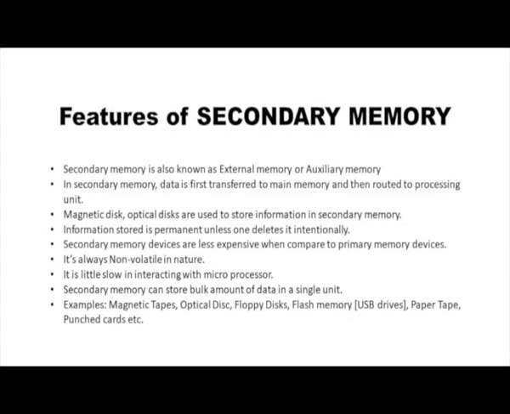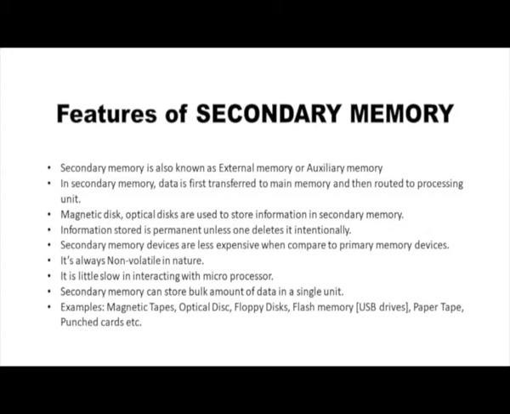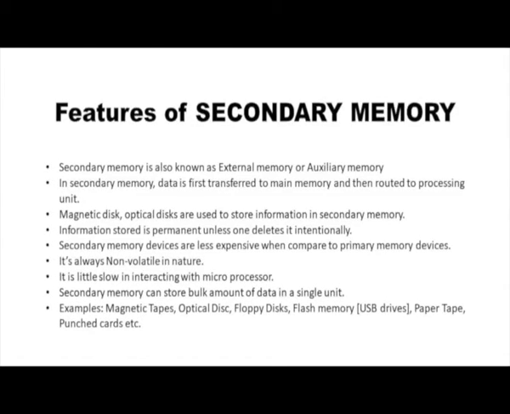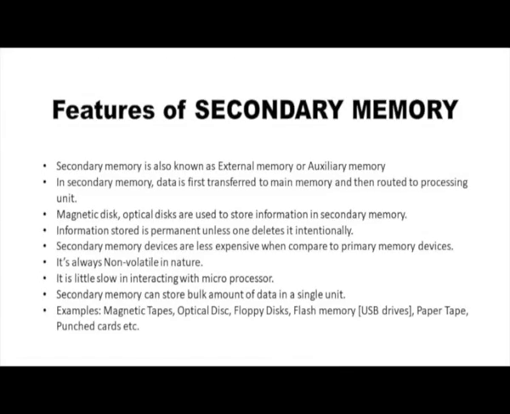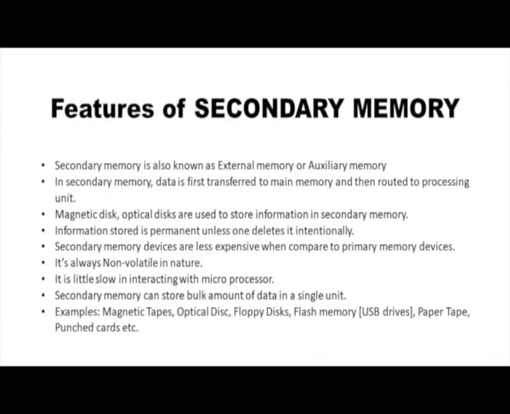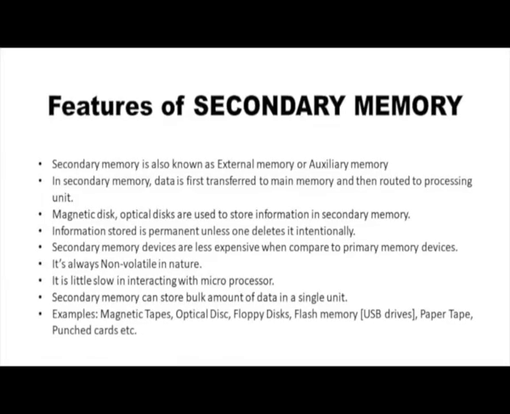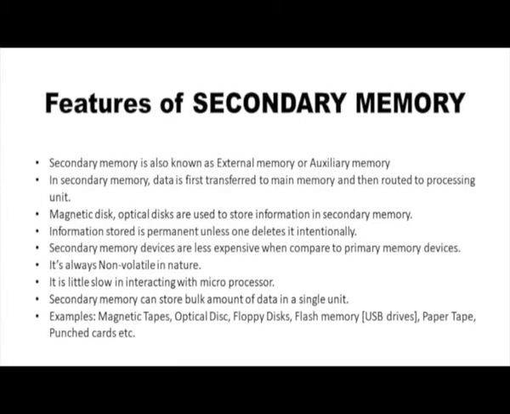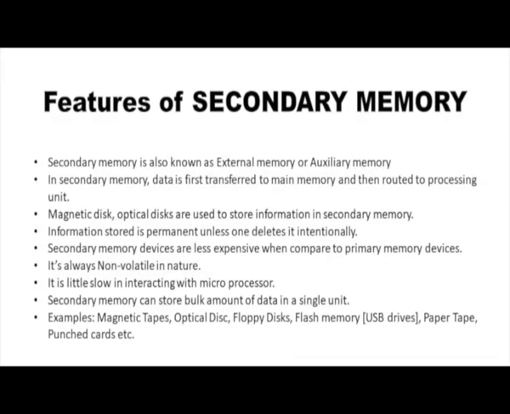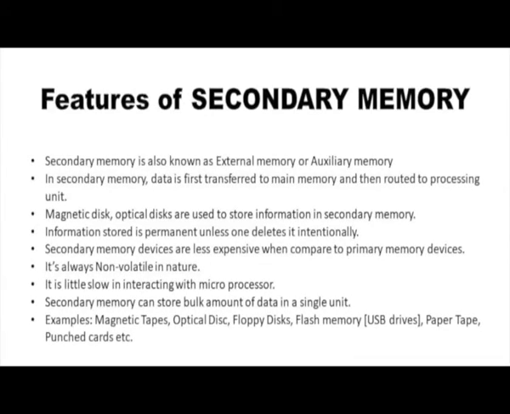Secondary memory devices are less expensive when compared to primary memory devices. It is always non-volatile in nature. It is a little slow in interacting with the microprocessor. Secondary memory can store a bulk amount of data in a single unit. Examples: magnetic tapes, optical disk, floppy disk, flash memory, that is USB drives, paper tape, punched card, etc.